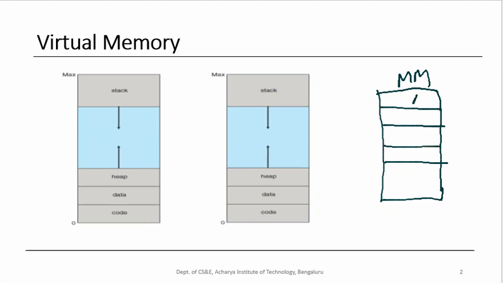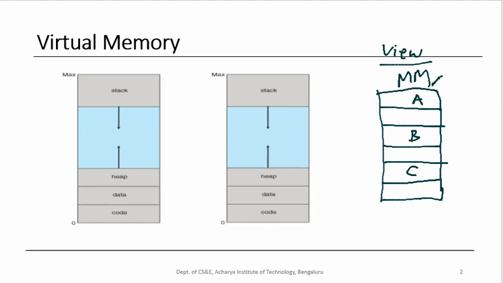Let's say process A, which could be your browser; process B, which could be your word processing application, or let's say a PowerPoint presentation application, etc. C, and all of these are divided into pages and randomly put in the main memory. So this view of main memory is really complex, and it is very difficult to exactly find the physical addresses of the instructions or data of these processes when stored in the main memory.